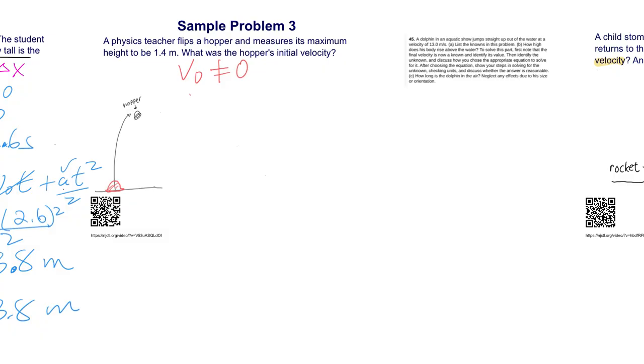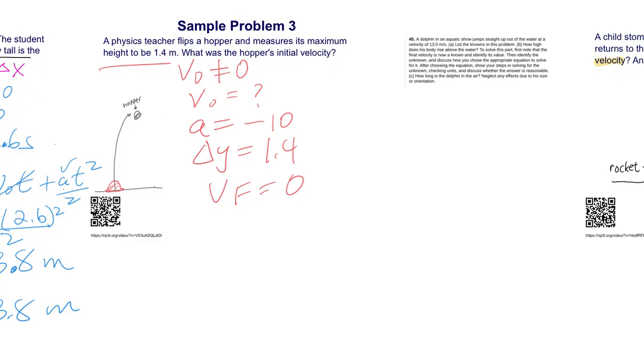So that's what I'm looking for. A, once it's in the air, not the elastic force applied to it, is negative 10 again. The delta Y or delta X is positive 1.4. Maximum height, so VF is 0.